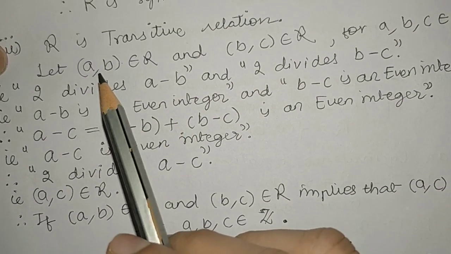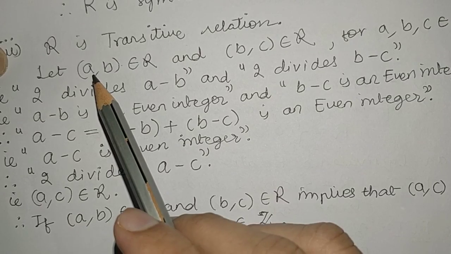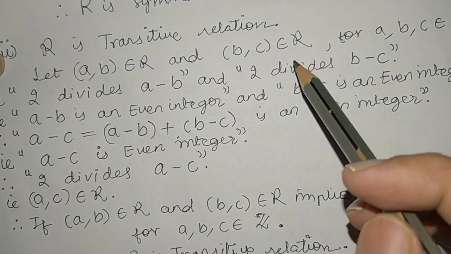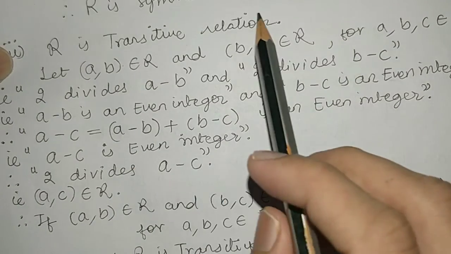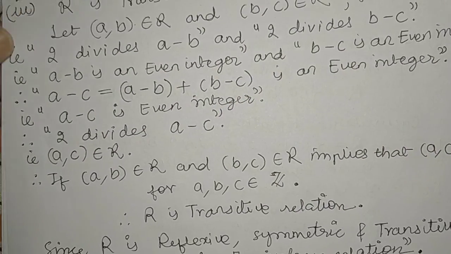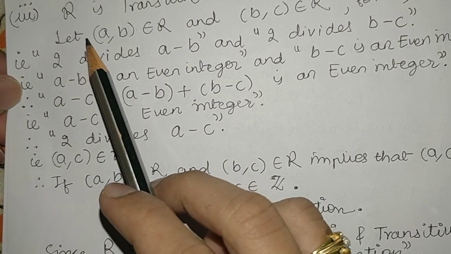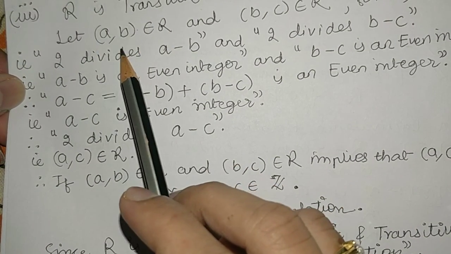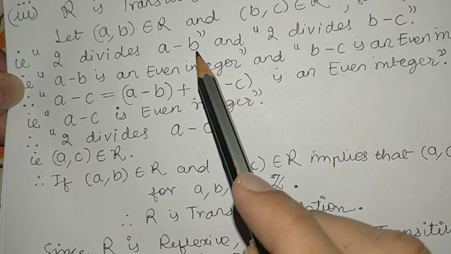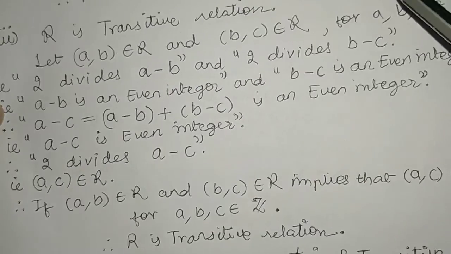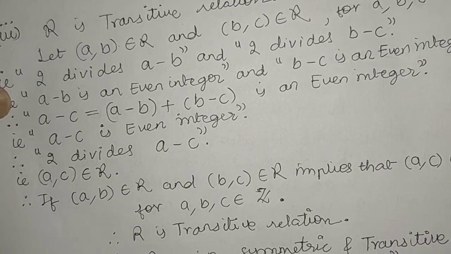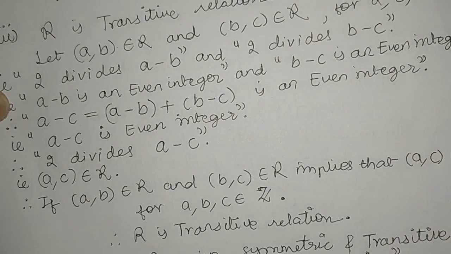Now in a transitive relation, what you have to do? You have to take elements of the type a comma b and b comma c which belong to the set R, and prove that a comma c belongs to the set R. Since a comma b belongs to the set R, 2 divides a minus b, and since b comma c belongs to the set R, 2 divides b minus c.